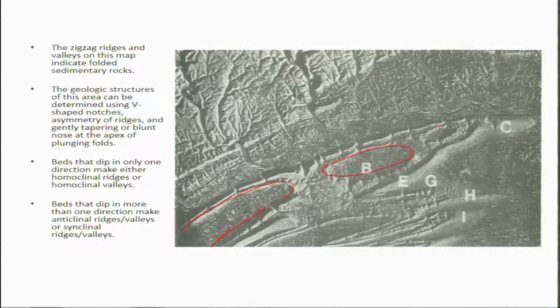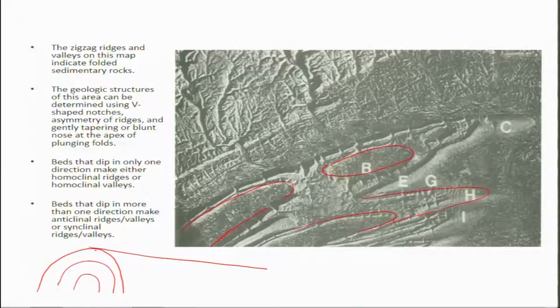So where is the plunging fold? I already explained with the help of models how plunging folds look on photographs. If you have a plunging fold, this will be the core area of the fold, and its surface will be tapering at its end.